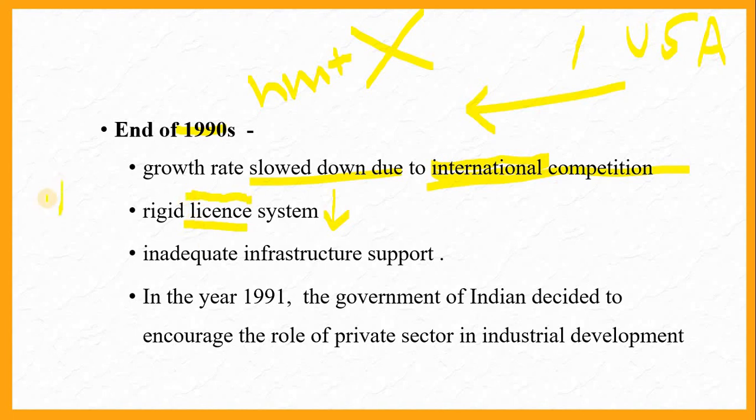For example, we know Tata Industries and Reliance, these are all industries that you see today. They actually struggled a lot going from one government office to another for licensing. They had to give a lot of bribes. So starting a small industry became a big headache, a big hassle. So because of government rules also, industries suffered.